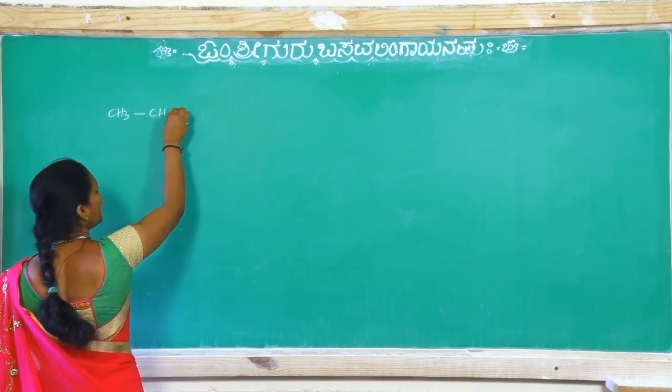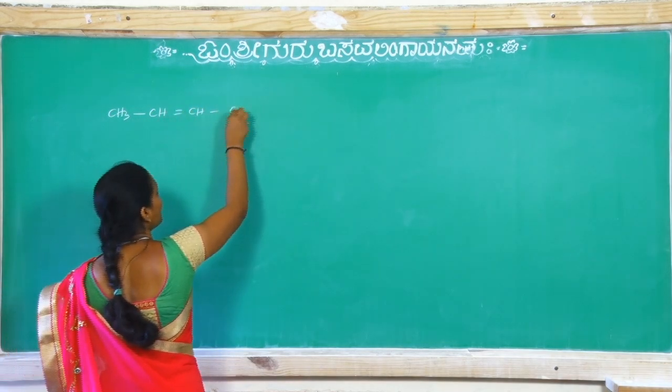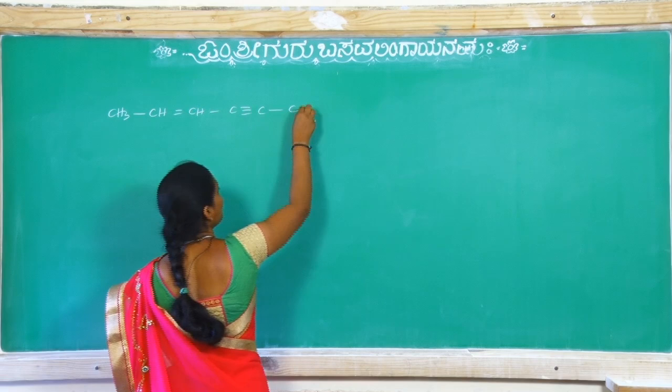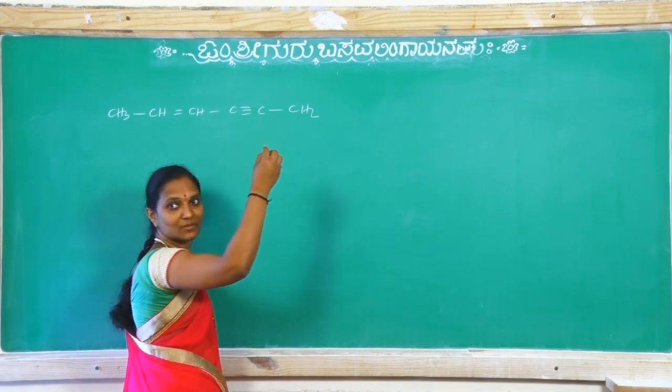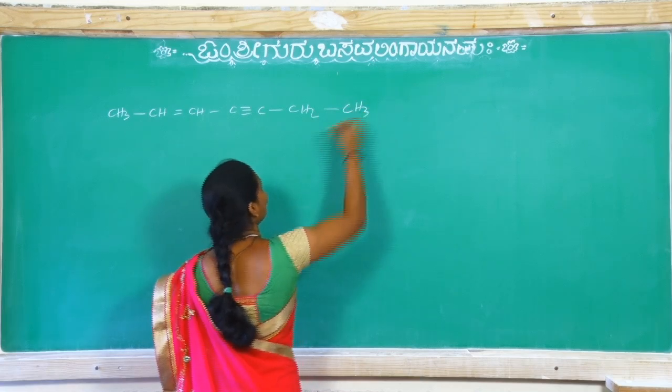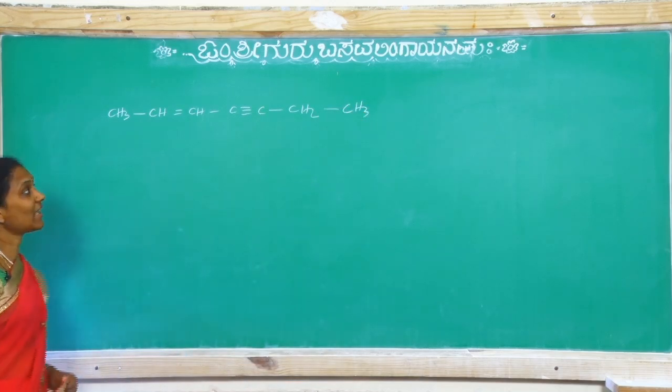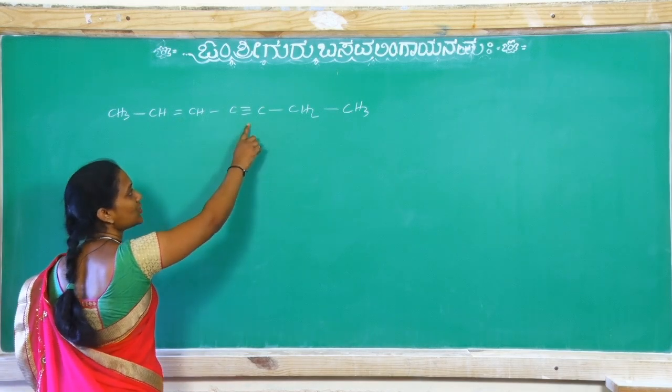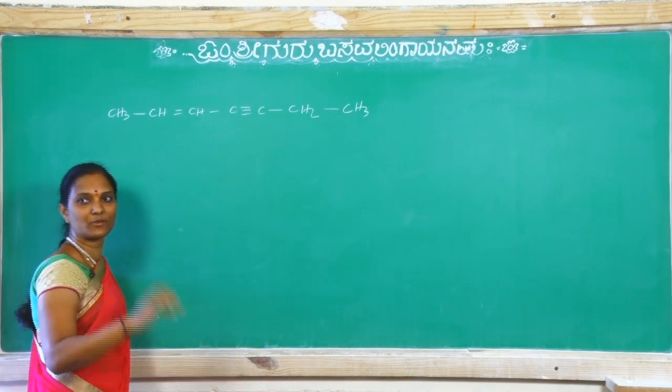CH3, CH double bond CH, C triple bond C, CH2, CH3. Like this, one compound is given. In this compound double bond and also triple bond are both given. How to write the name?